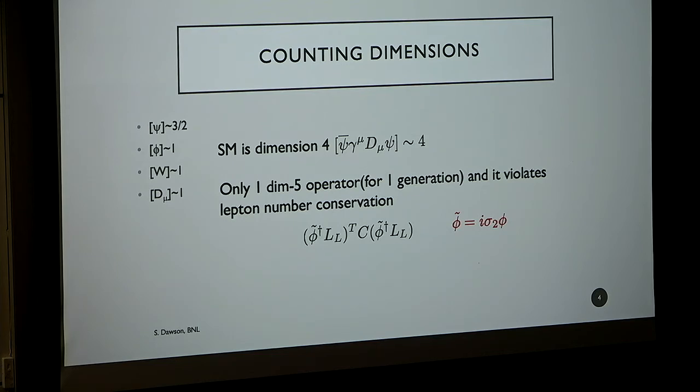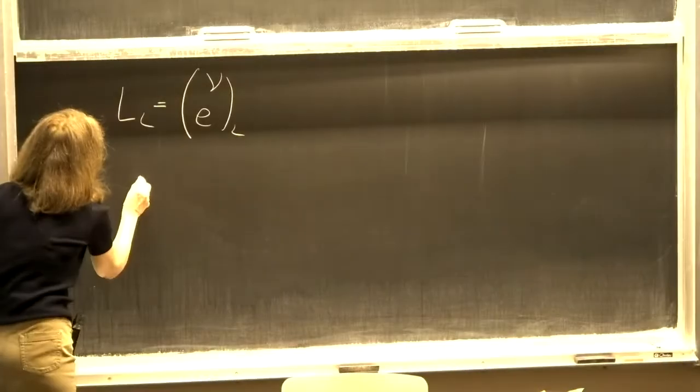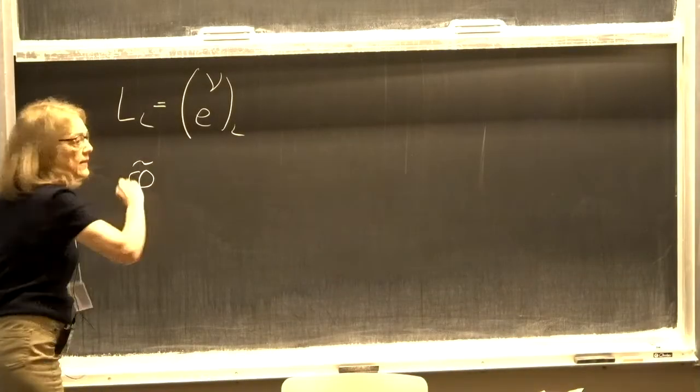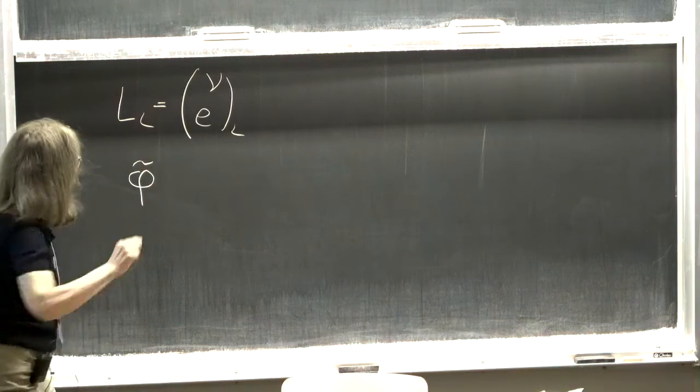But now you say, what about the dimension 5 operator? Well, there's only one dimension 5 operator, and here it is. And it comes about because the left-handed lepton doublet has the same quantum numbers as the phi tilde. And we'll have phi tilde. This is i sigma 2 phi.